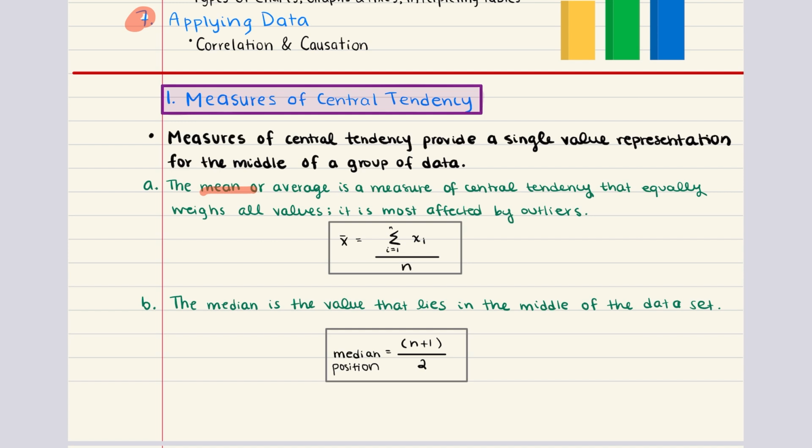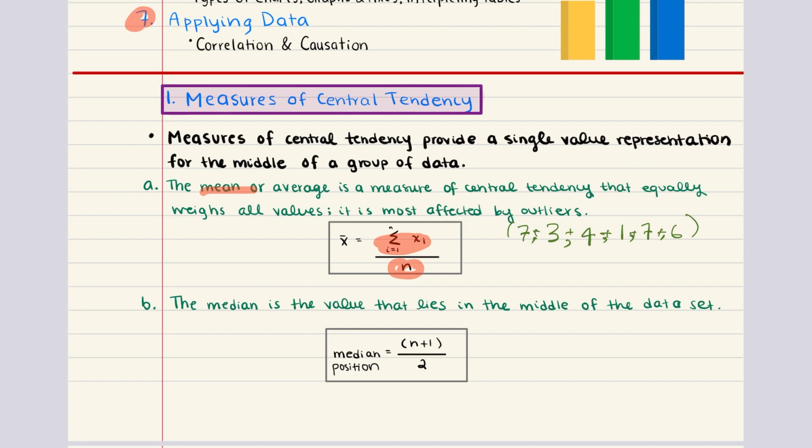The mean is calculated by summing up all of the values in the data set and then dividing them by the total number of values. So for example, let's say we have a data set with the following numbers: 7, 3, 4, 1, 7, 6. To find the mean, we're going to have to add all of these numbers together.